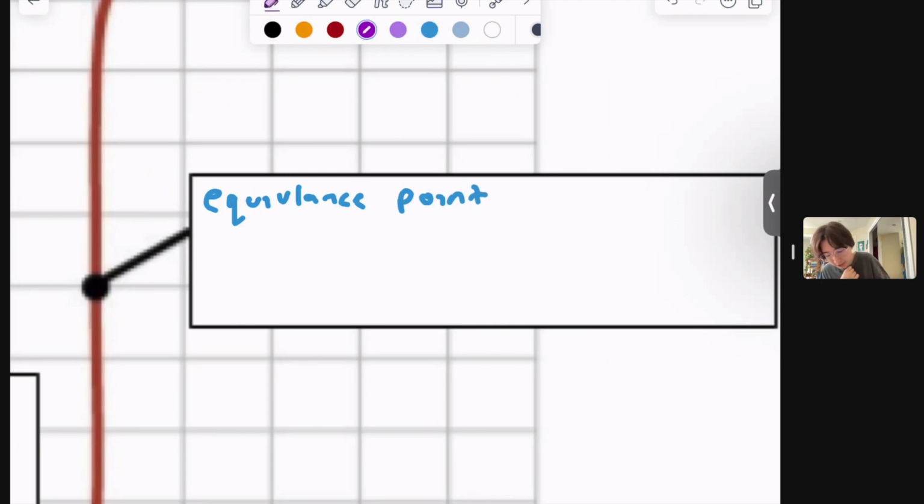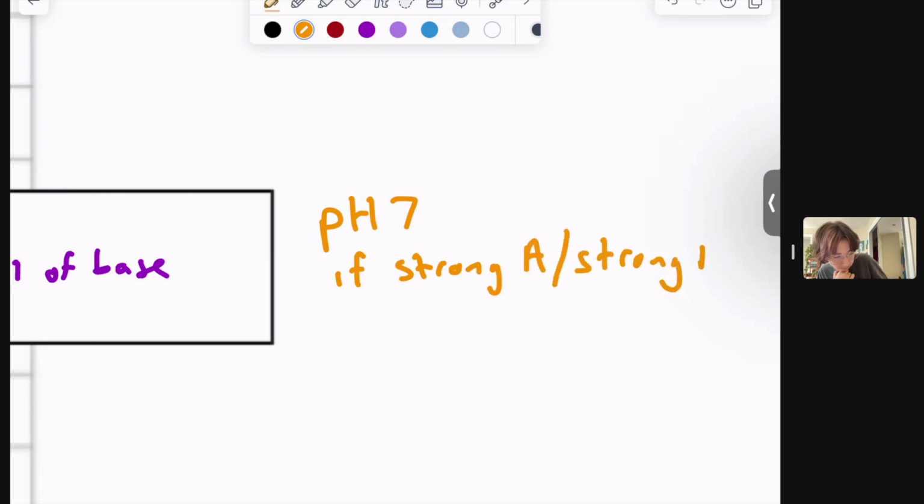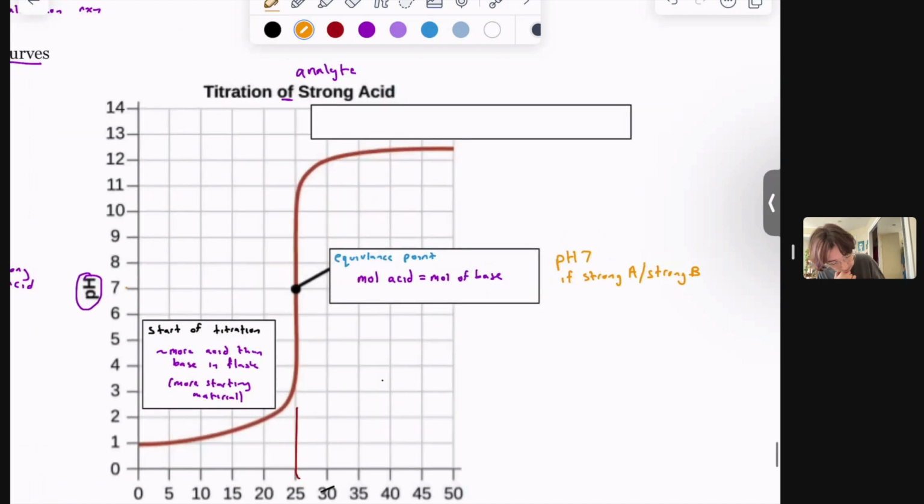And if it's a 1-to-1 ratio, and we're doing an acid-base one, that means that our moles of acid are equal to our moles of base. If they're both strong, this point is always going to be pH 7. And you can see that that is the case.